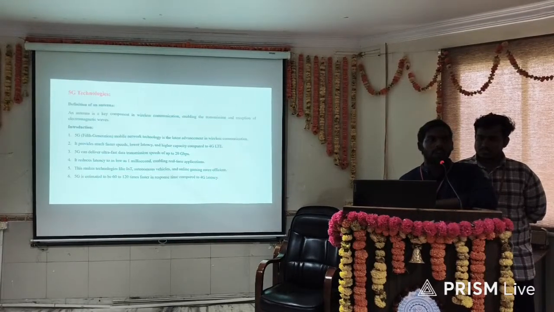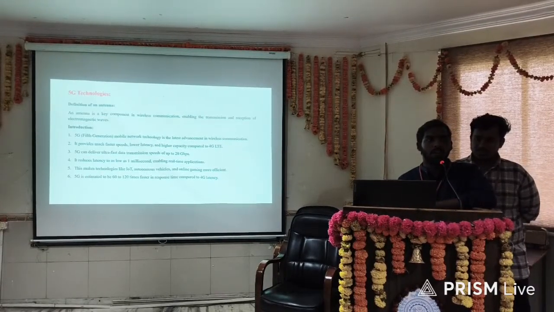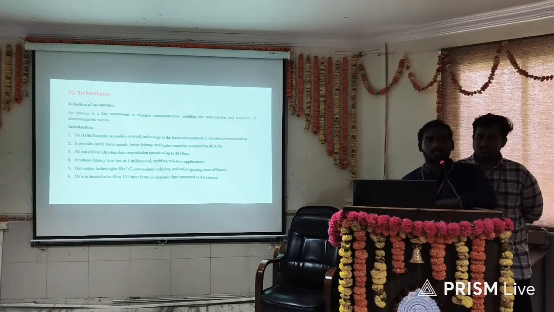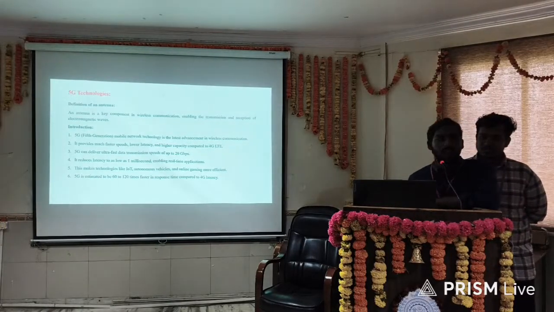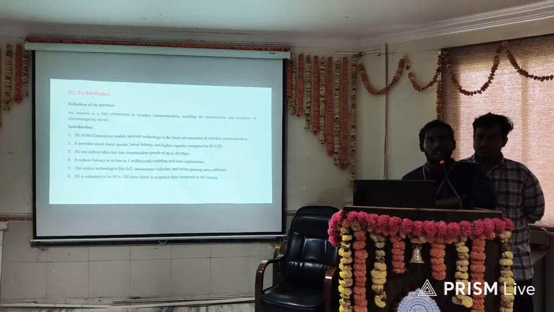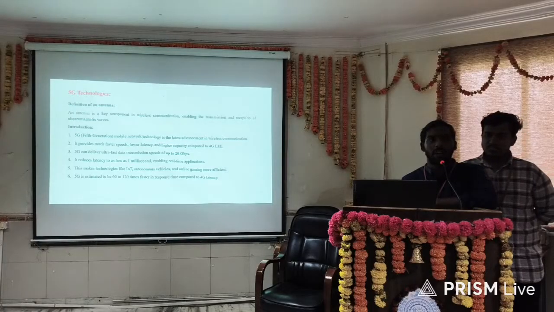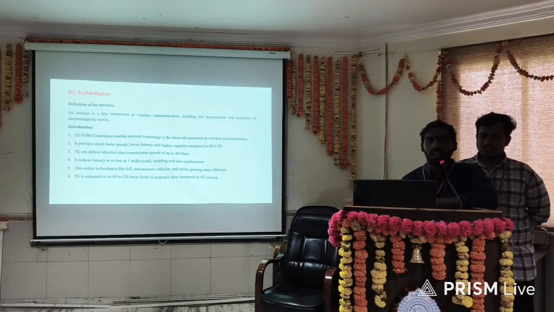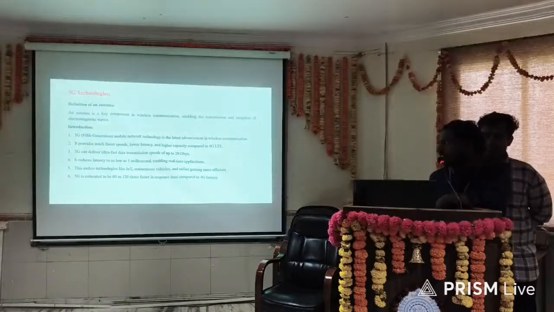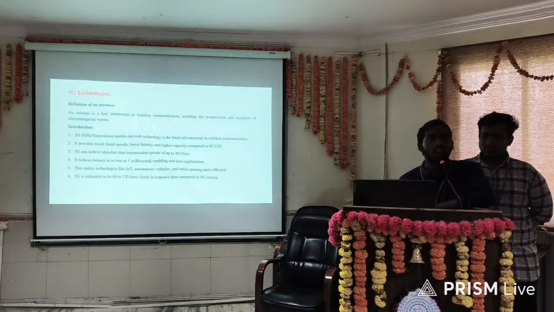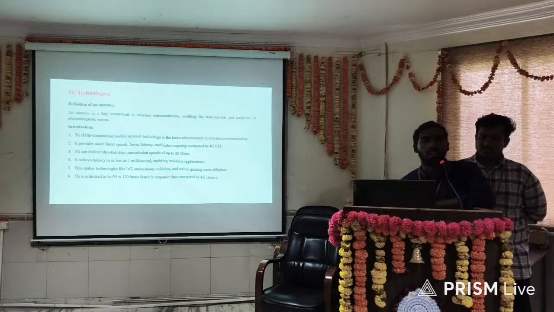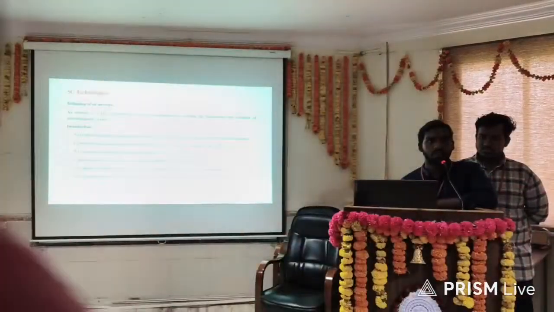Before going into the antenna design, we need to understand the basic concepts of 5G technologies. First, the definition of antenna: an antenna is a device which is used to send and receive electromagnetic waves. Next, introduction to 5G technologies. The 5th generation is the latest advancement in wireless technologies.